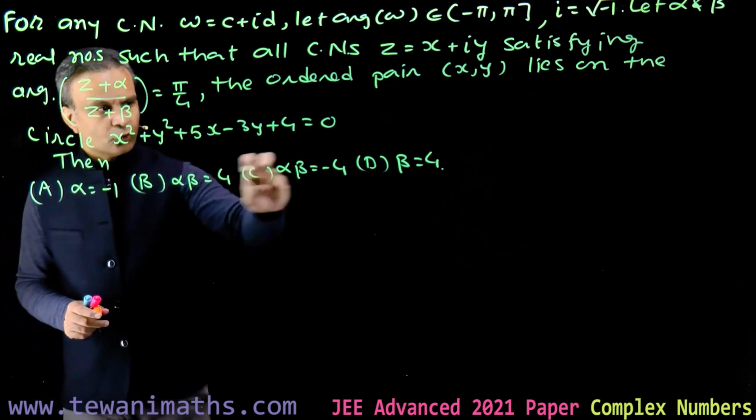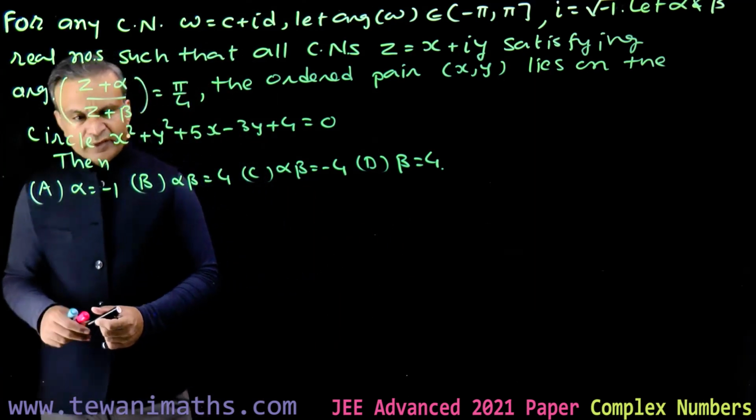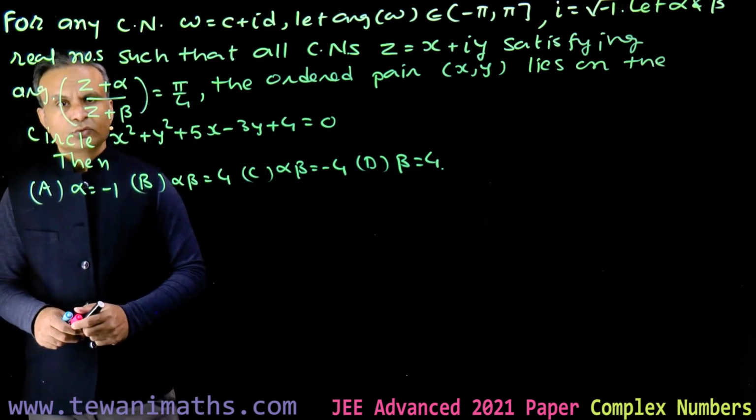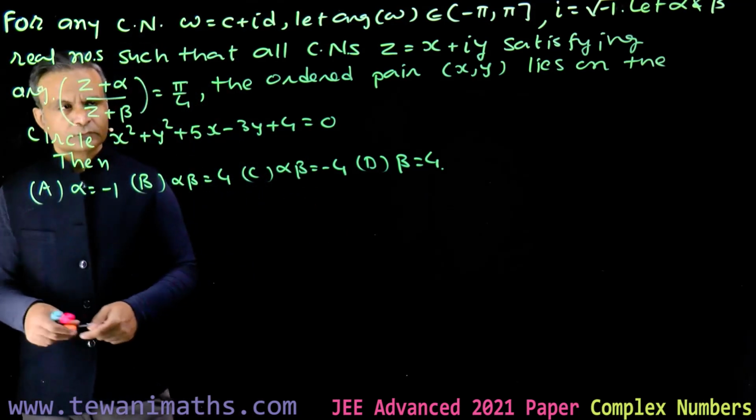Then we have to check these 4 options. This is a multiple correct answer type question. We have to check all the options: alpha is equal to minus 1, alpha beta is equal to 4, alpha beta is equal to minus 4, and beta is equal to 4.